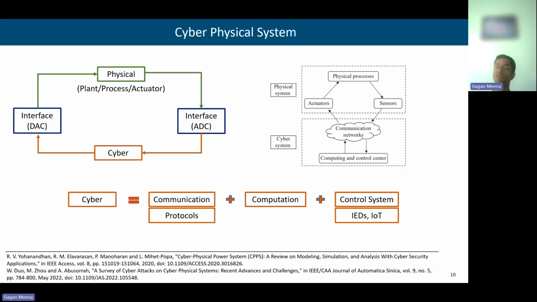One is the communication, which is the protocol, different types of communication protocols. Second is the computation aspect, where the analysis happens. And third is the control system, or the IEDs, intelligent electronic devices, or IoT devices.